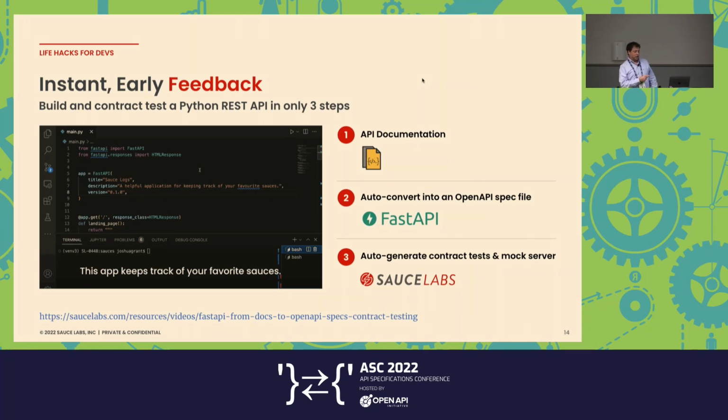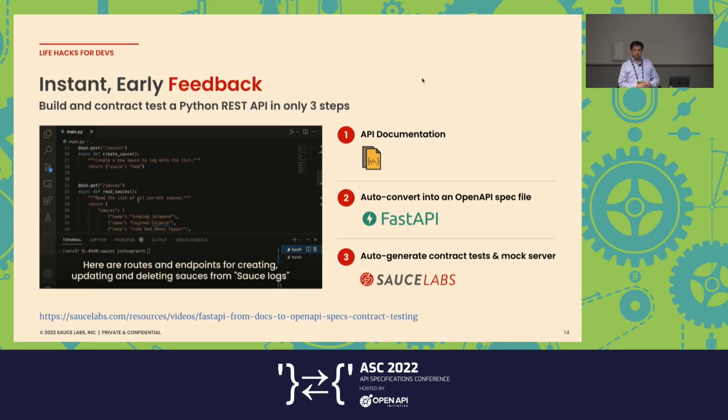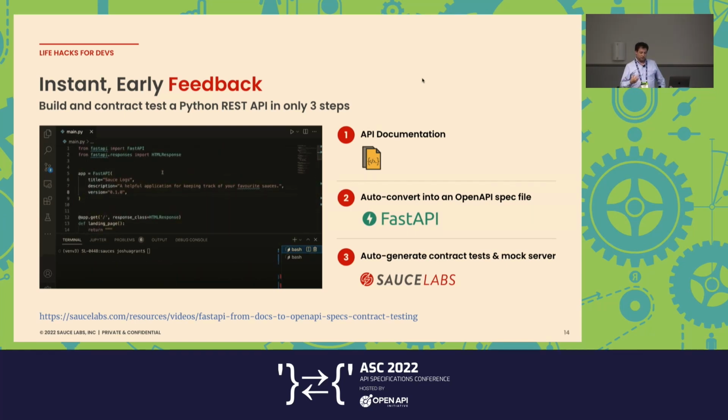So a little bit of what this looks like outside of the OpenAPI side, because if I'm not developing with OpenAPI, there are other tools that I can use. FastAPI is an example of this. FastAPI basically allows you to quickly generate a service. In this case, the service over here is listing out a bunch of different hot sauces that are available. And the service will have some update functions and some getter functions.